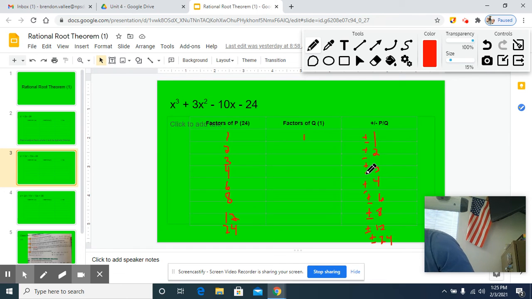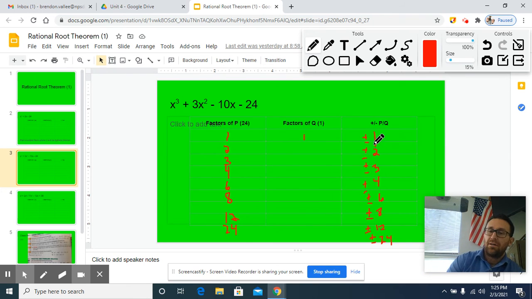So for example, if I pick 2, because 2's right here, if I do synthetic division with 2, will that work? I'm usually pretty good at guessing, and I'm being completely honest with you that I'm guessing right now. I do not know if this works.